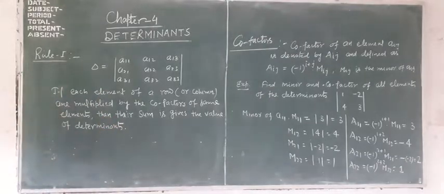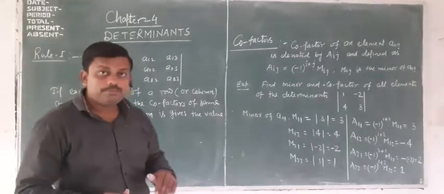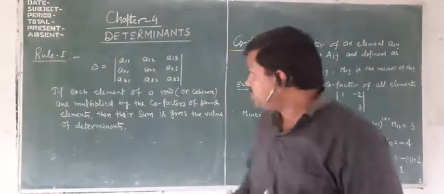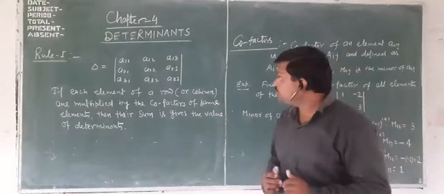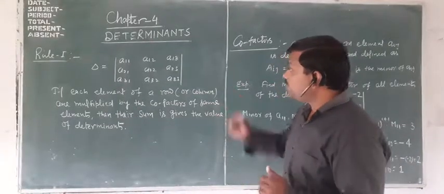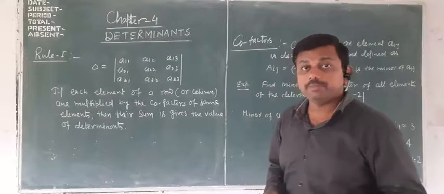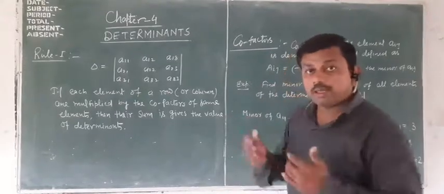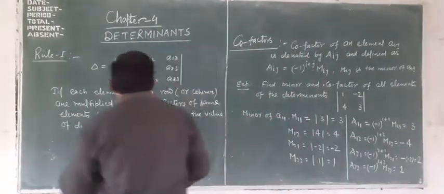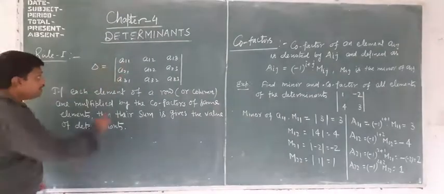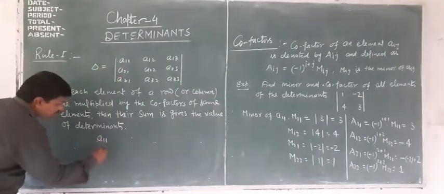What is the meaning of this? You know how to expand a third order determinant. How can we expand this? We can expand any determinant either along any row or along any column. A11, look very carefully.